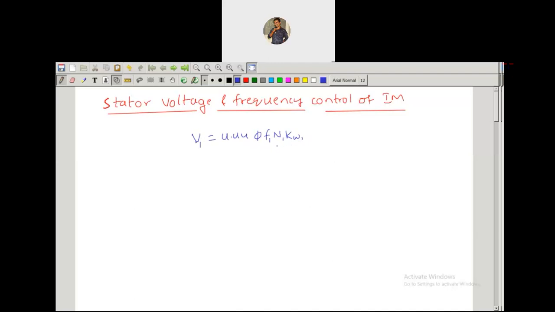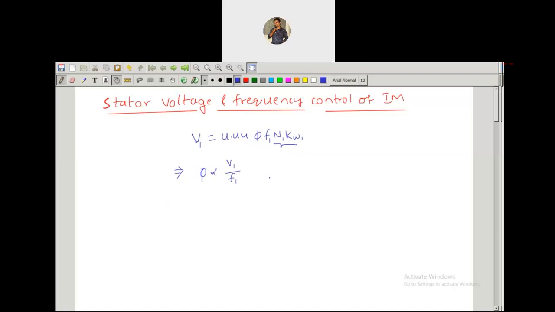We already know that. So from this above equation, if I take the ratio of the voltage to the frequency, after completion of the machine designing, we know these two things are constant. So what remains? The flux is proportional to the ratio of the voltage to the frequency, right?